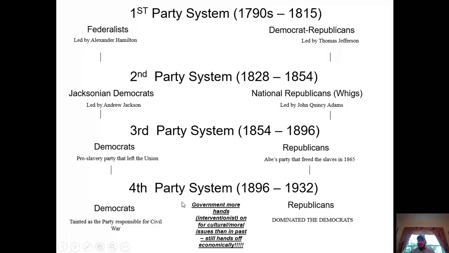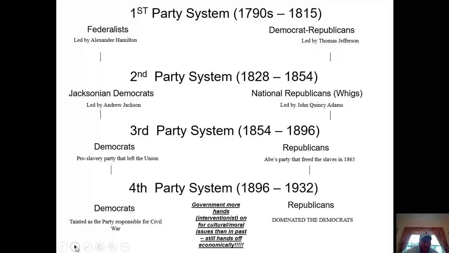Although you begin to see a little bit of it in the 1890s with the Sherman Act and the Clayton Antitrust Act, and government does start to legislate some moral or social issues, but not economic. This is, by the way, when prostitution and certain types of drug use begin to become illegal. Those were social or moral issues, not economic. So the only ways in which the government became more hands-on in this era, 1896 to 1932, were the Clayton Antitrust Act and the Sherman Antitrust Act.